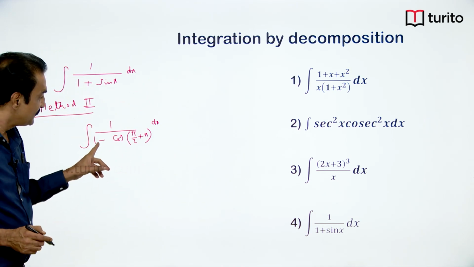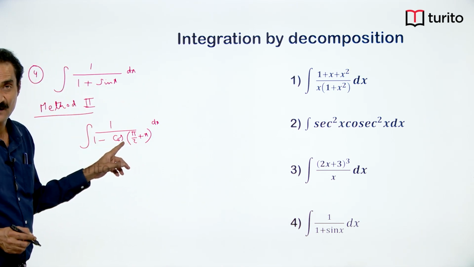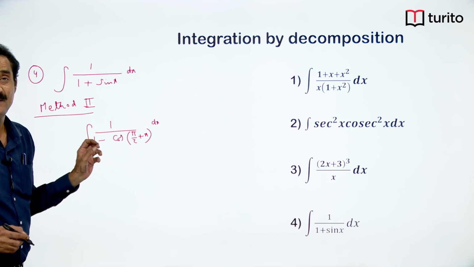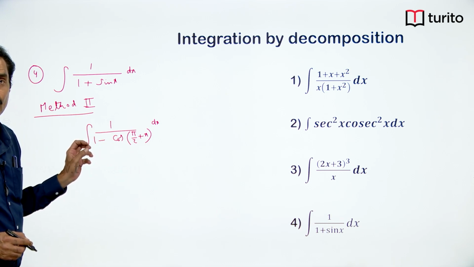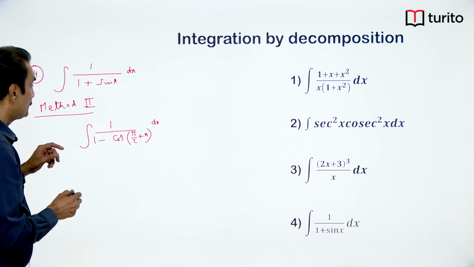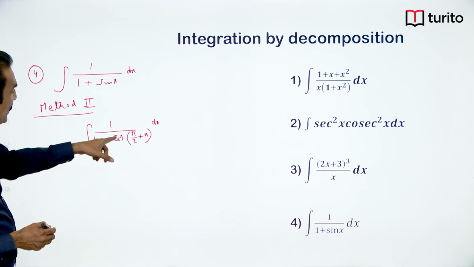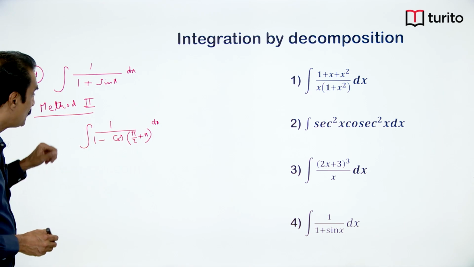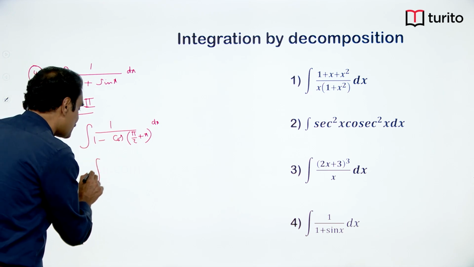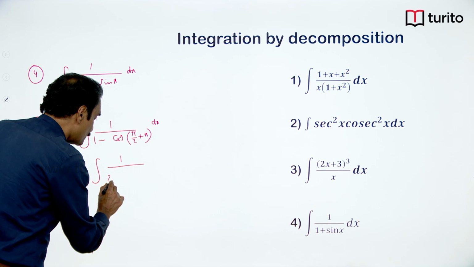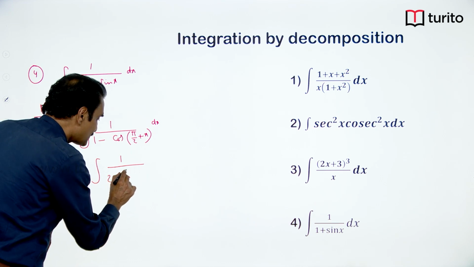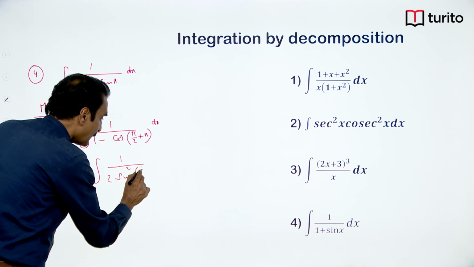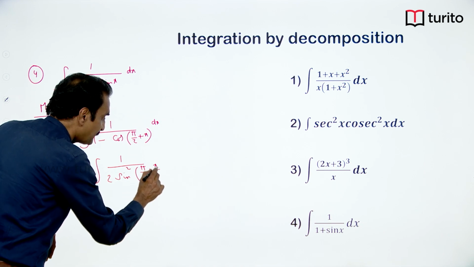After writing this, we can write 1 minus cos theta as 2 sin square theta by 2. You can also write it as 1 plus cos of pi by 2 minus x. Now, 1 minus cos theta is 2 sin square theta by 2, so it is pi by 4 plus x by 2.